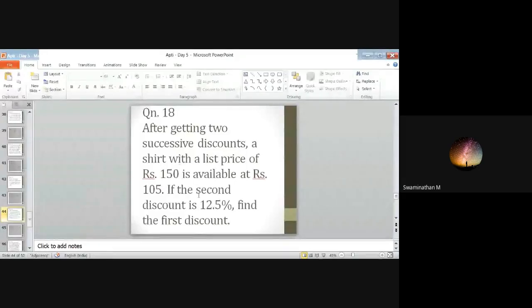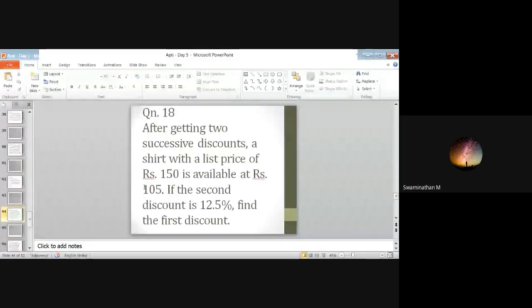After the second discount, you have to multiply by 87.5%, because of a 12.5% discount, the remaining will be the price. So it is 150 into 100 minus X by 100 into 87.5 by 100, and that is equal to 105.